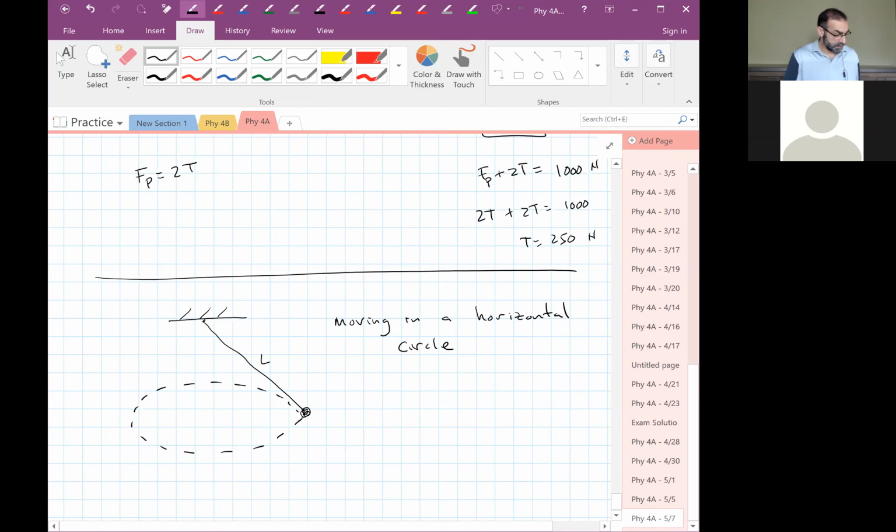A horizontal circle. Radius r, angle theta. So if we're given the length of the string and the angle, find the velocity.